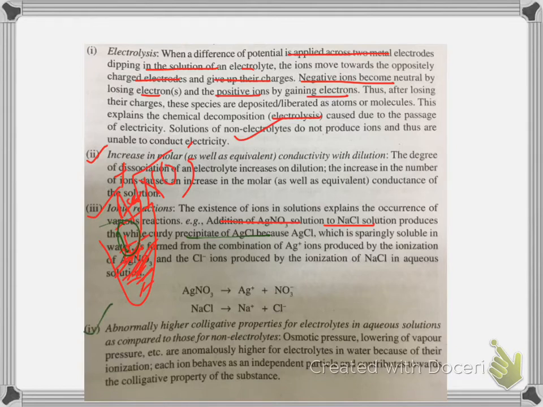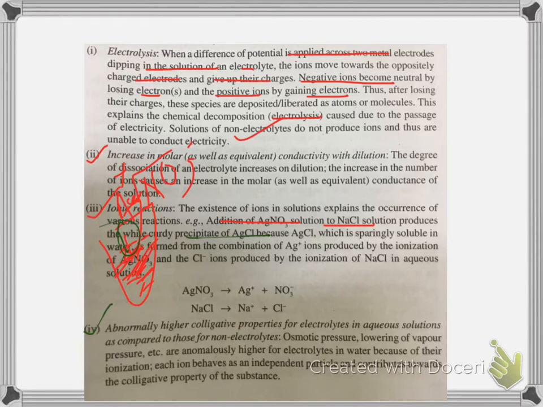Fourth one, abnormally higher colligative properties for electrolytes in aqueous solutions as compared to those for non-electrolytes. This concept I have already explained using urea and NaCl.